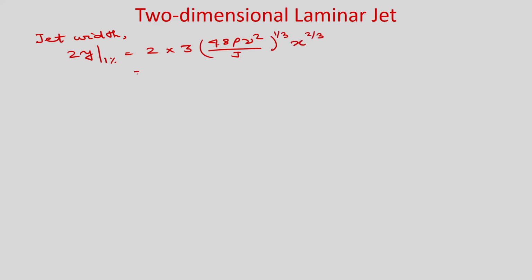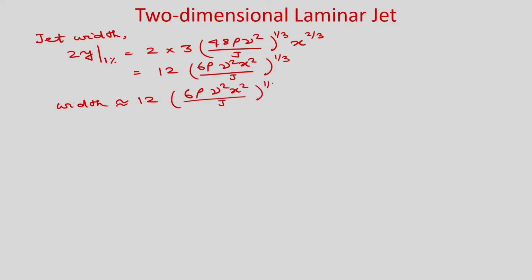Okay. So, this will become 12 rho nu square x square by j to the power 1 by 3. So, we can see the width will be 12 into 6 rho nu square x square by j to the power 1 by 3.